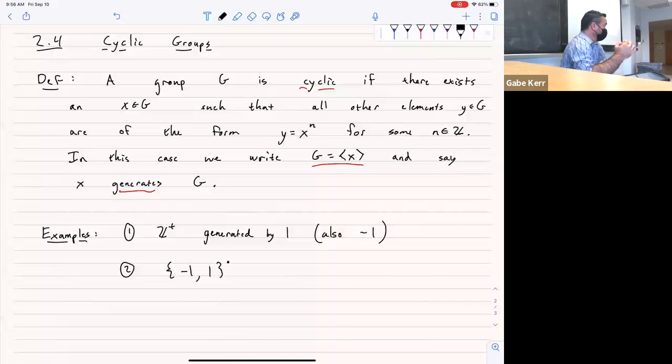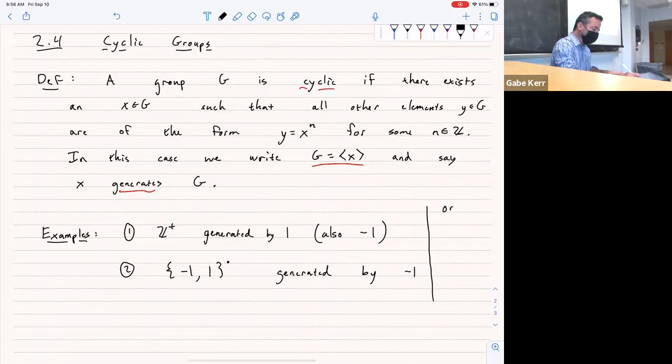A group of 2 elements, finite order, order 2 group, generated by -1. We have the notion of order of a group. Here, this is infinite. Here, this is order 2, meaning this is the number of elements in the group.